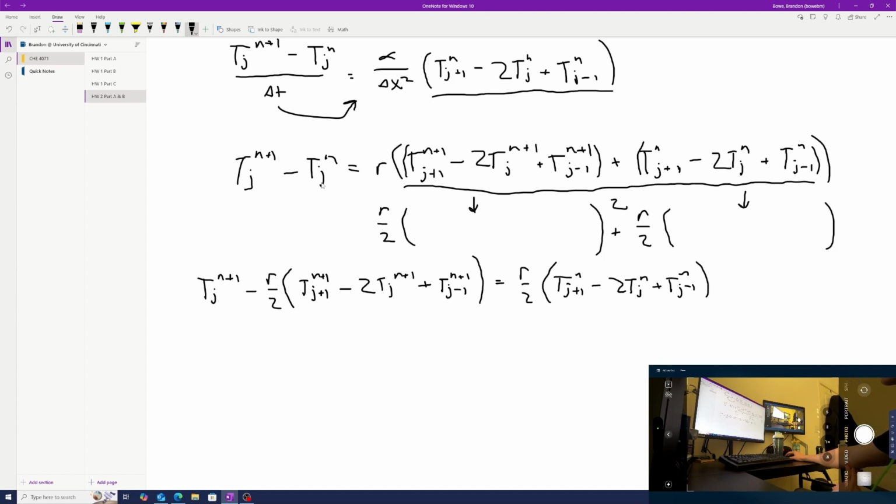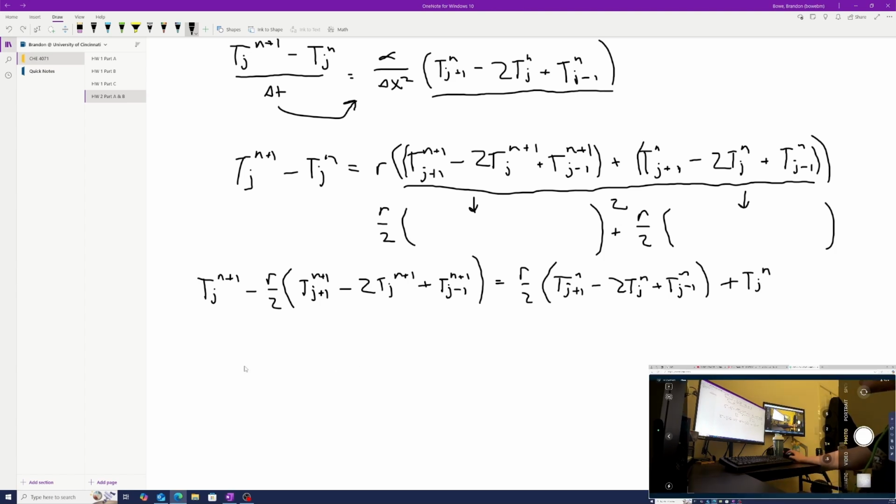And then this Tjn is moved across, so plus Tjn. Now we have our Tn plus 1s and our Tn's separated.